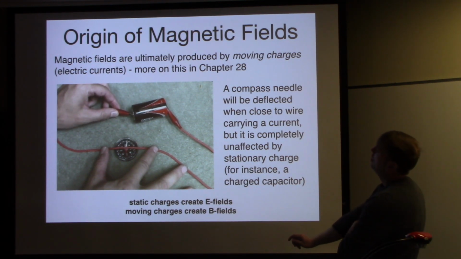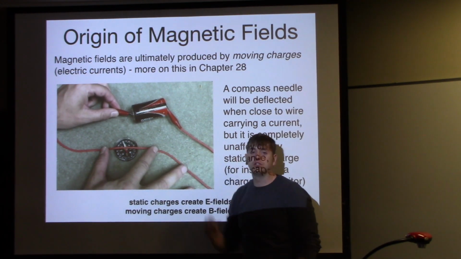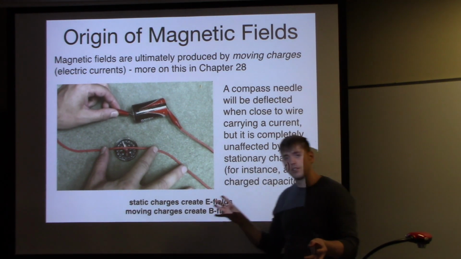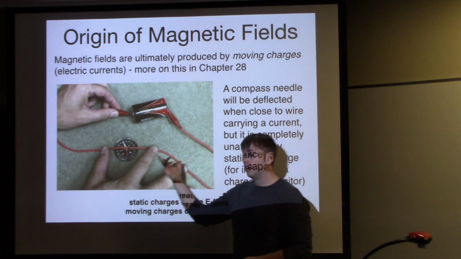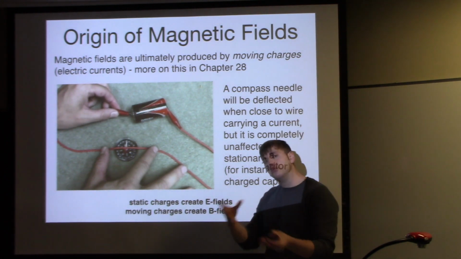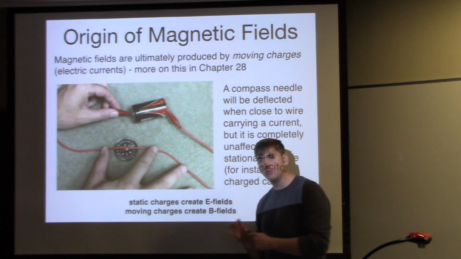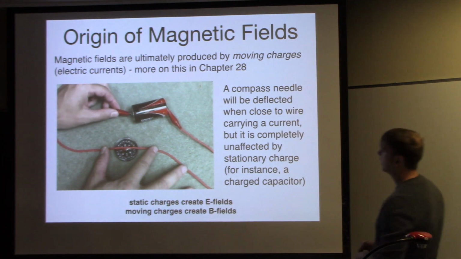Now notice, as soon as we take the electrical lead away from the battery and current stops flowing, the needle goes back to normal. So that's also telling us that if the charges aren't moving and they're just stationary, that doesn't create a magnetic field. So it's only moving charges that create a magnetic field.